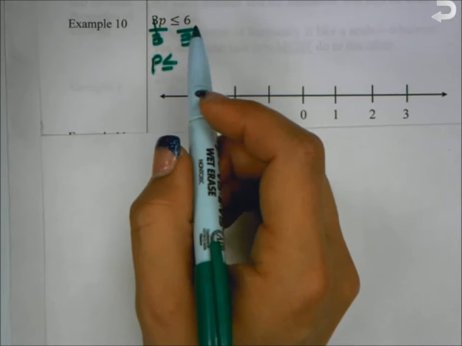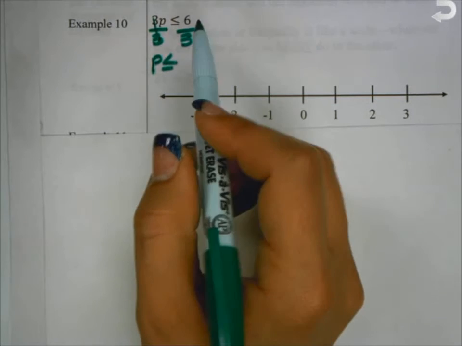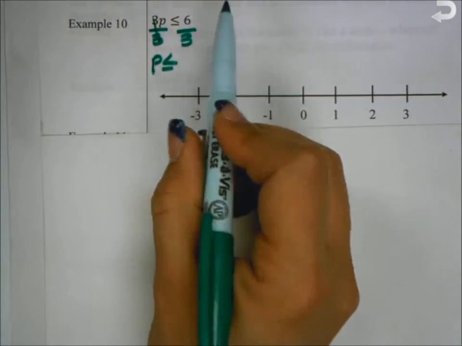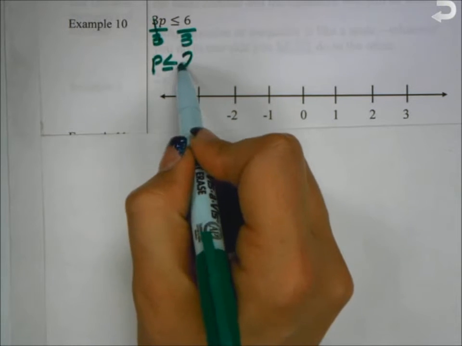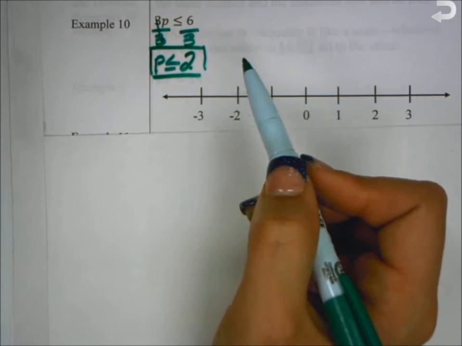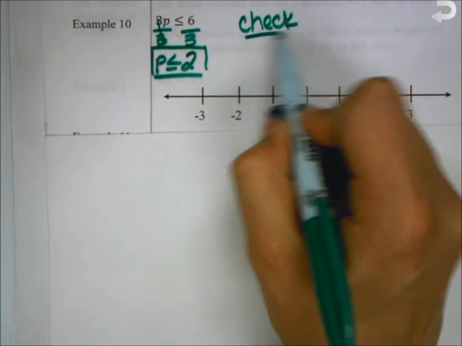Okay, so I have p less than or equal to 2. Before I graph that, I want to check it. How do I check that I got the correct answer? Maria, how do I check that I got the correct answer? I plug in 2 for p. Can I plug in 2? Yes, why?